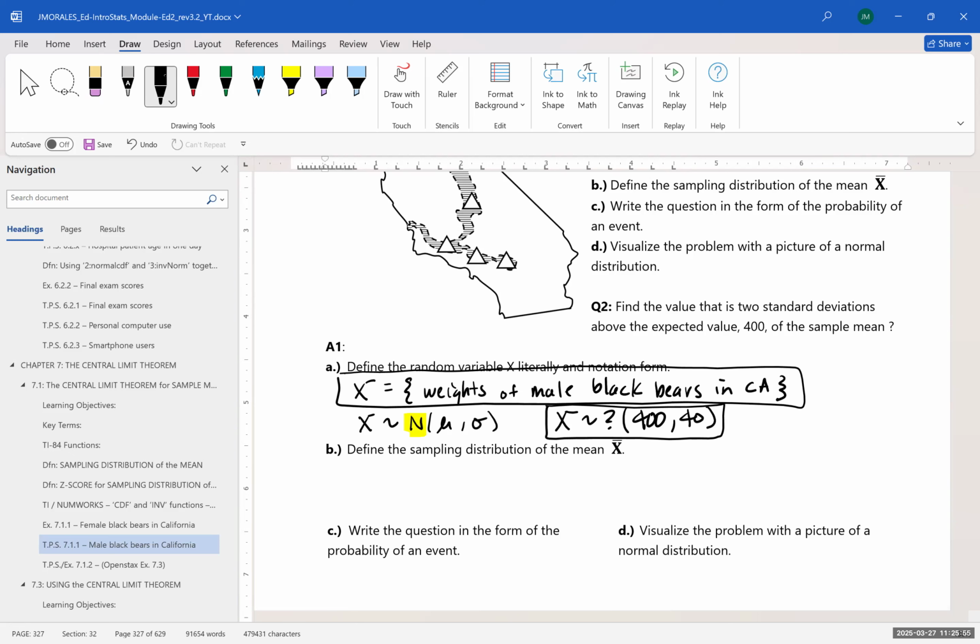Okay, part B is define the sampling distribution of the mean. All right, and the reason why I'm having you do this is to differentiate between these two.